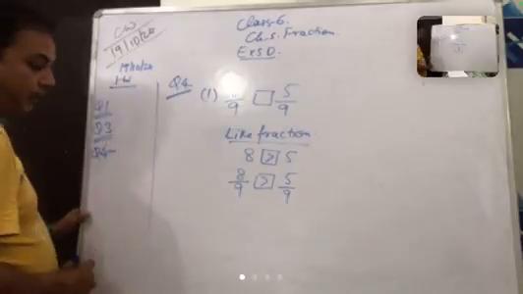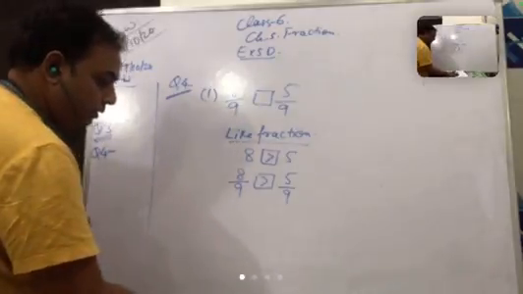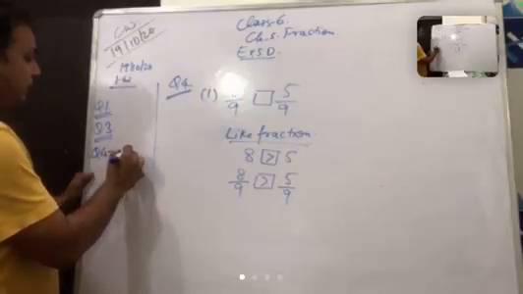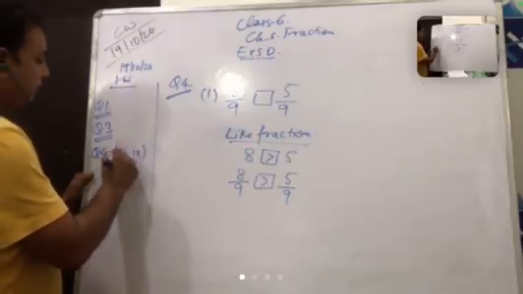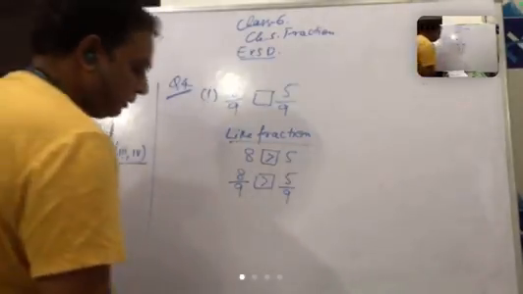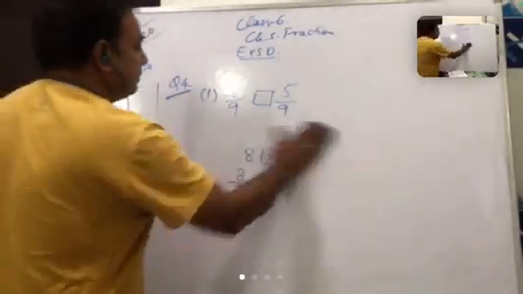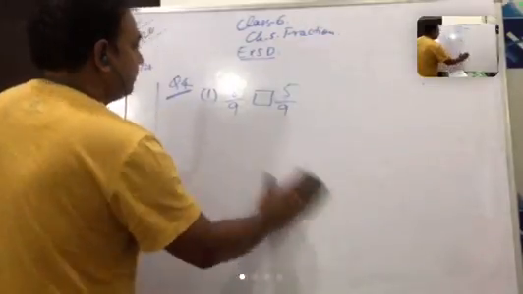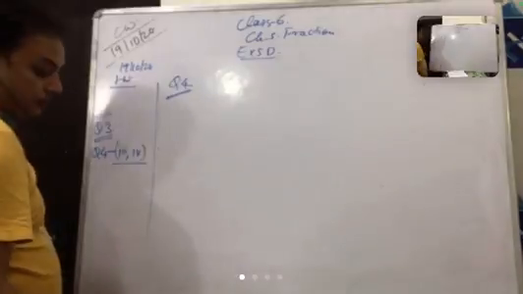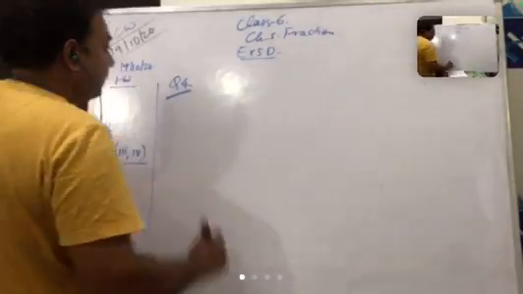Question number 4 has all the same denominators, so you can do the third part and fourth part.